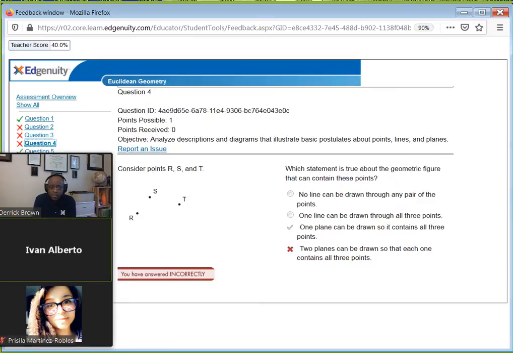Yeah. All right. So which statement is true about this figure? All right. You said 2 planes can be drawn so that each one contains all 3 points. Like I was using my notes as I was taking the quiz, and I was looking at them during this question, and I forgot which one it was.